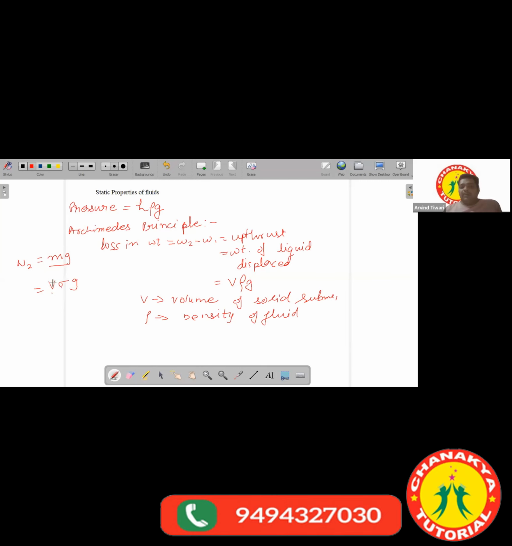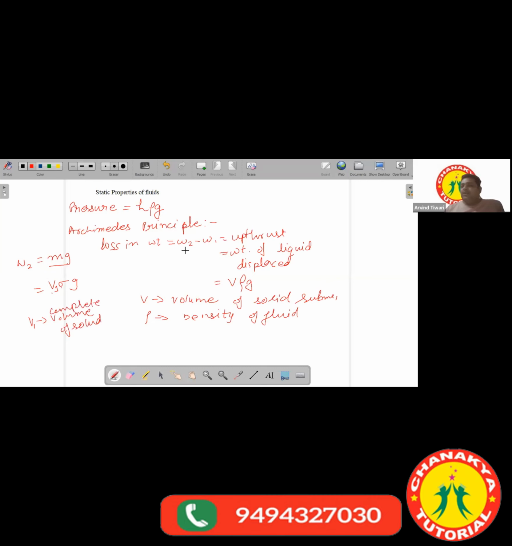So this V, let's mark it as V dash, or let's write it as V1. So I'm taking V1 as the complete volume of the solid. Remember, V1 is the complete volume and V is the part of the volume that is submerged.